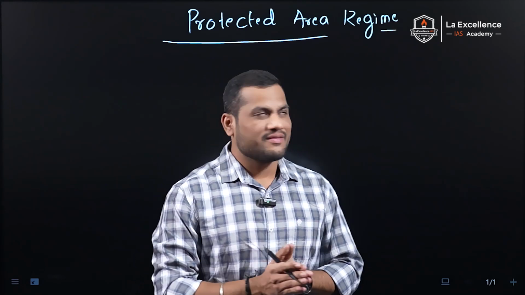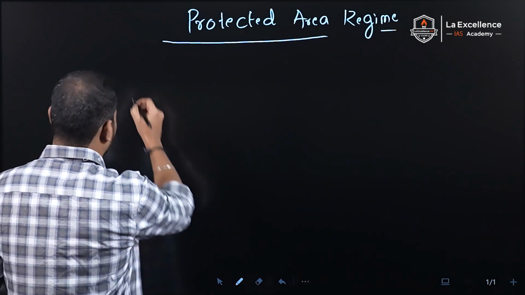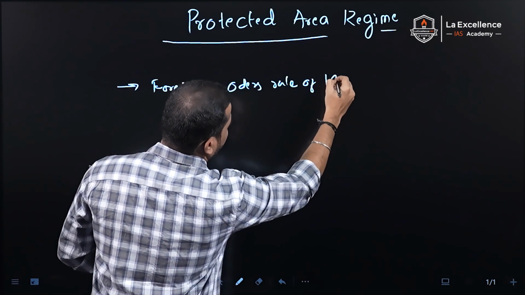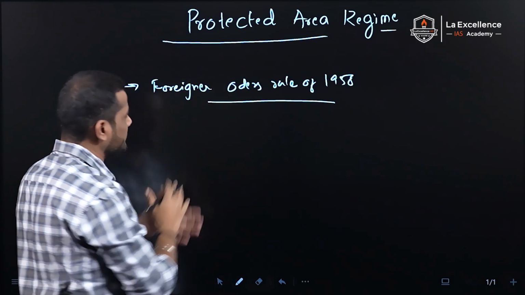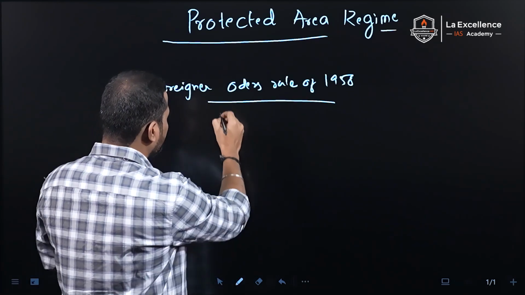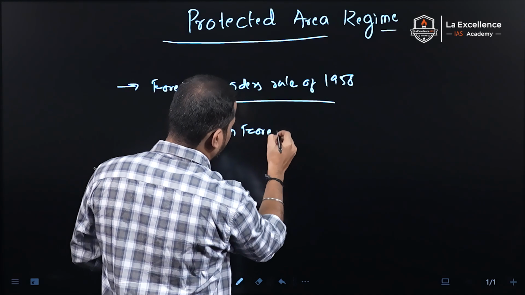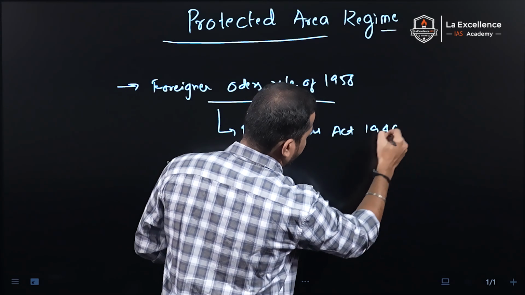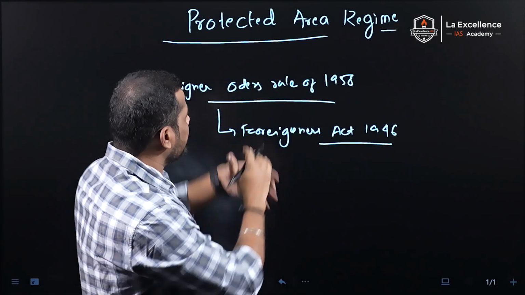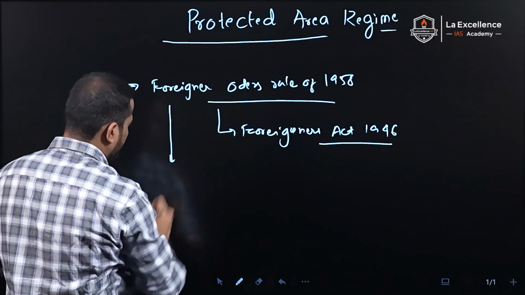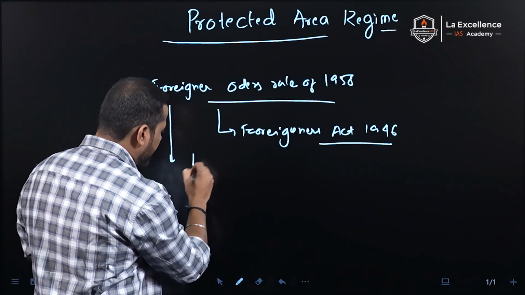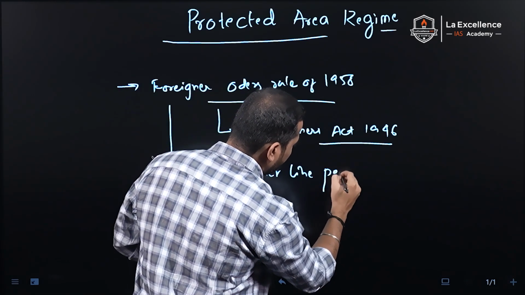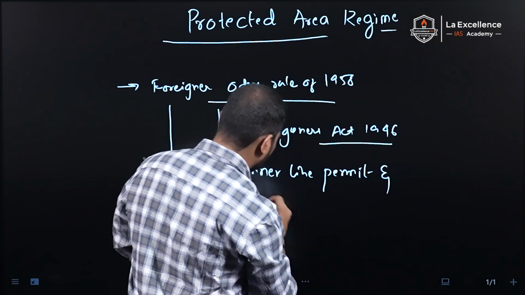So let us begin. The protected area regime is enforced through the Foreigners Orders, rules of 1958. These foreigners orders are majorly issued through the Foreigners Act of 1946. The protected area defined under these rules is the area between the inner line permit and the international border.